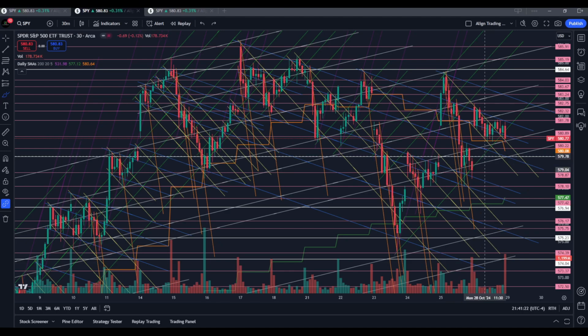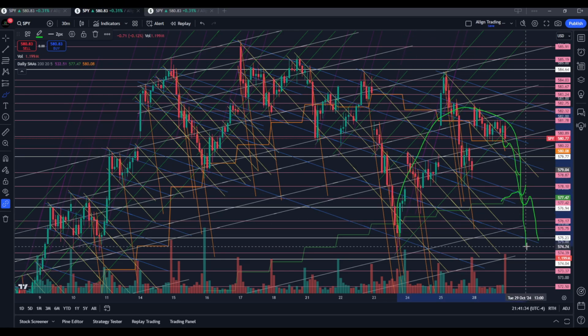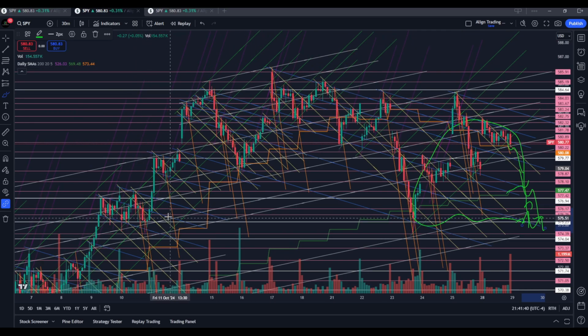Now, in the case that this does start to play out to the downside, as I said, with below the 5-day, and then ultimately catching up to this 20, if we lose that 20 as well, well, we can start to see this inverse cup complete right here, handle, and finally start to break out of this level right here, grabbing this liquidity.